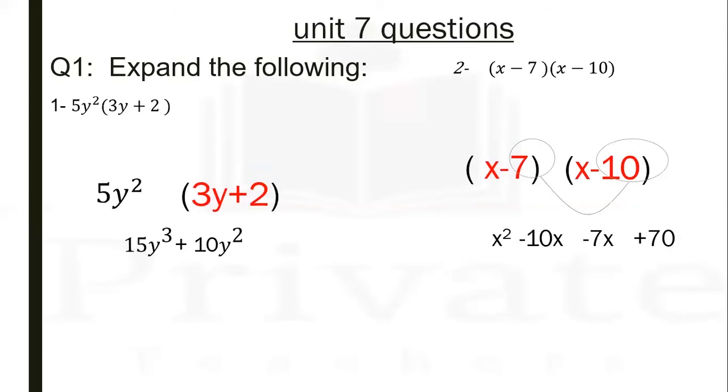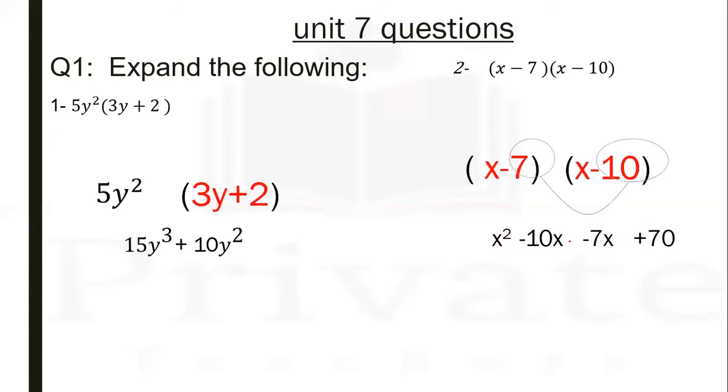The second step, we have something called like terms. Like terms are when we have the same variable with the same power. Here, x to the power of 2: we don't have any other term that contains x to the power of 2, so x to the power of 2 is the final answer.